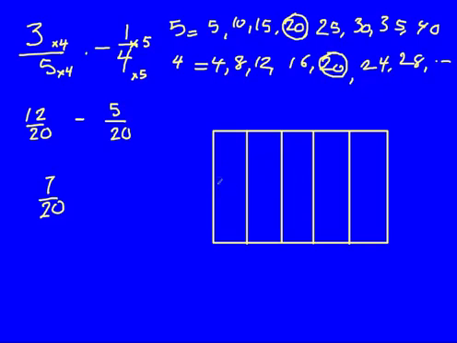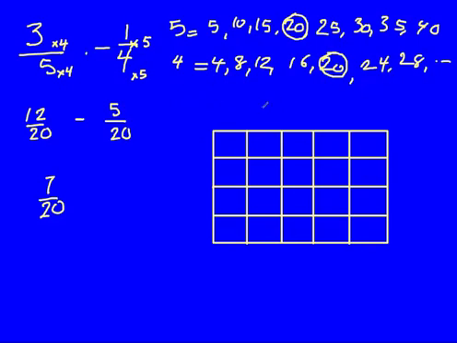So let me split this side of the rectangle into 4s. I need to make 4 parts on this side. So I've got 4 rows, 5 columns. So in total I've got 5 times 4, 20 rectangular parts.